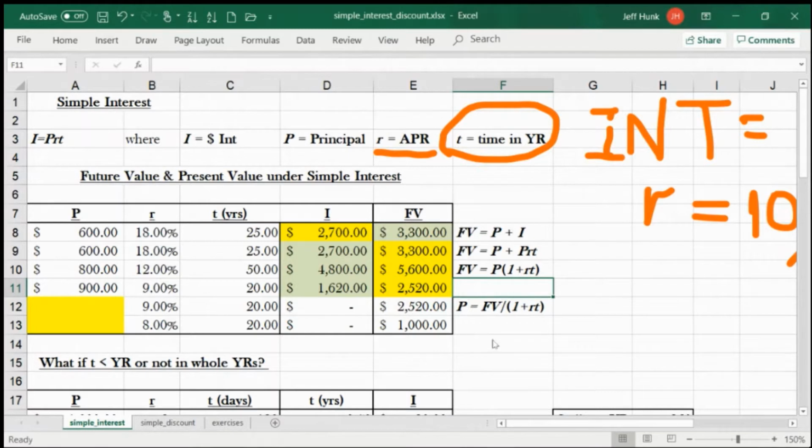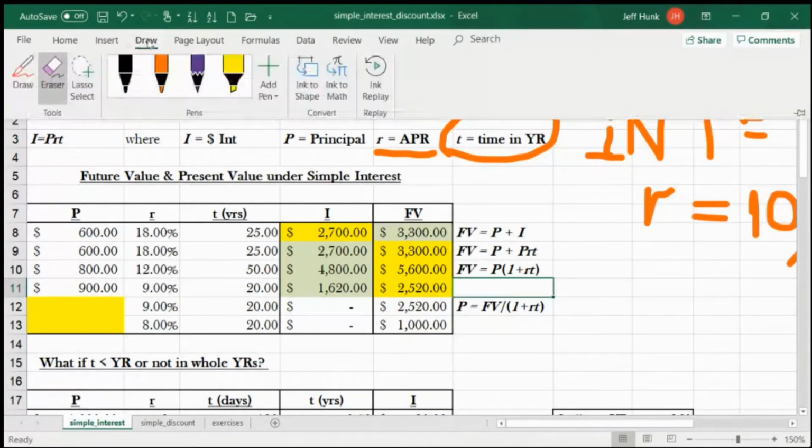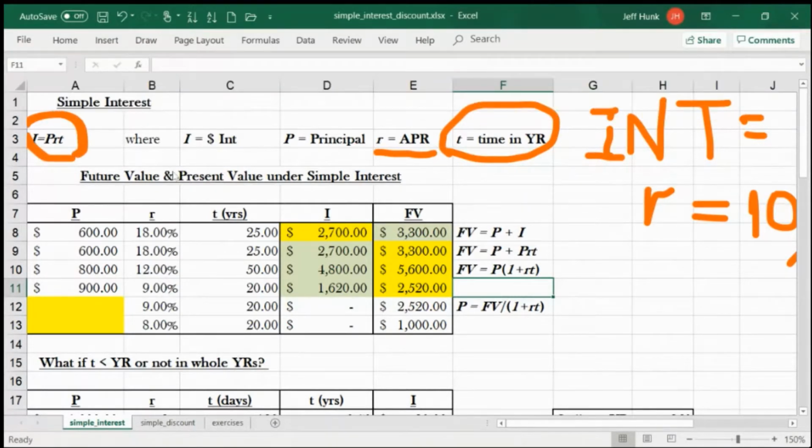You can find interest first by using this formula, or you can find the future value first by using this formula.